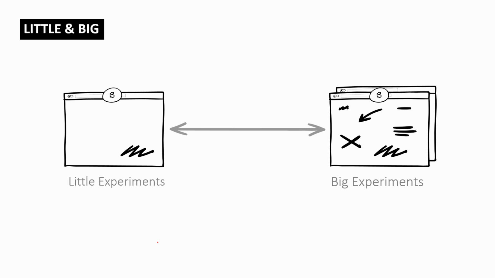As a quick intro, by little experiments I mean single-change, one-variable experiments, with one or two changes at most. And by larger, bigger experiments, I mean a variant which holds multiple changes, potentially even across multiple screens.